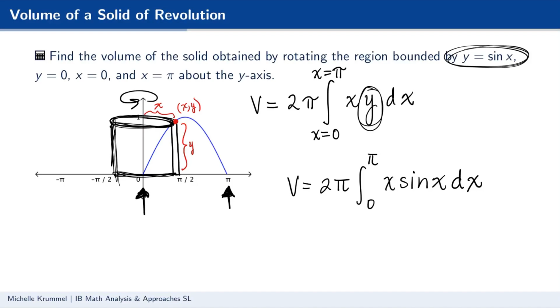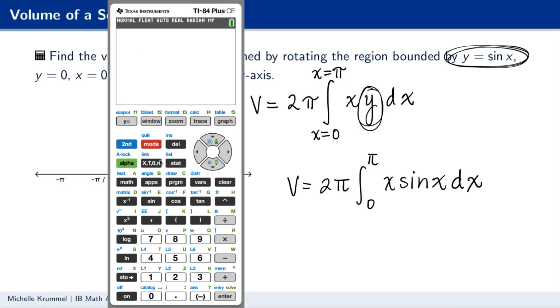So I'm going to go back to the calculator in order to find the value of this integral. From my home screen, we have 2 pi, and then for the integral, I'm going to use Math 9.